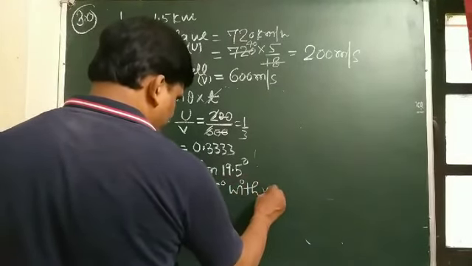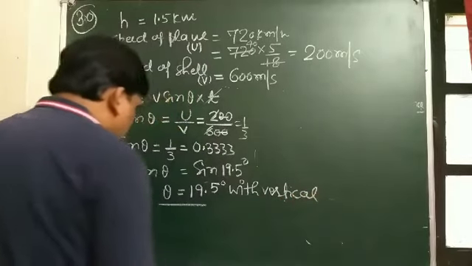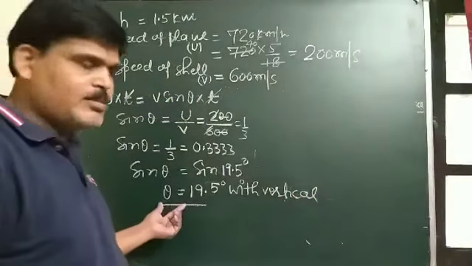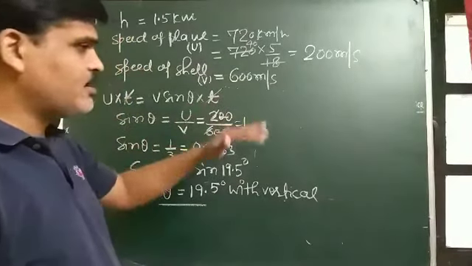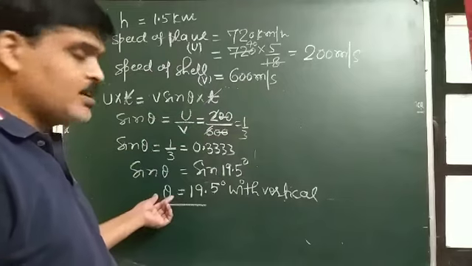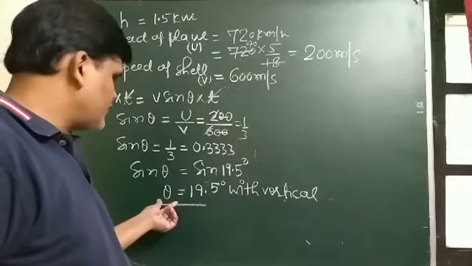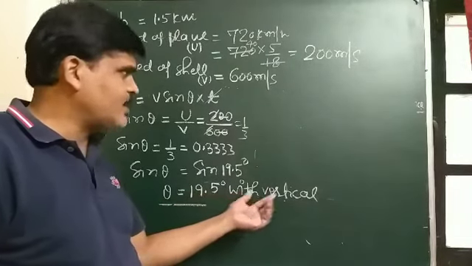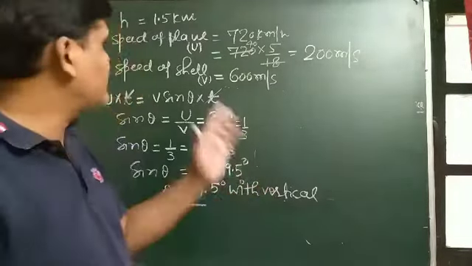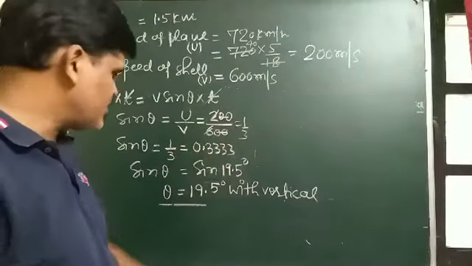With the vertical. So at what angle shall the shell be fired to hit the plane which is moving horizontally? A shell fired from a gun making an angle of 19.5 degree with the vertical will hit the plane which is flying horizontally.